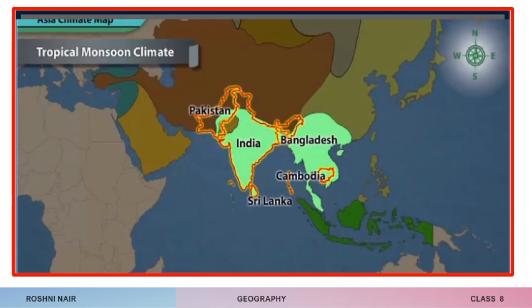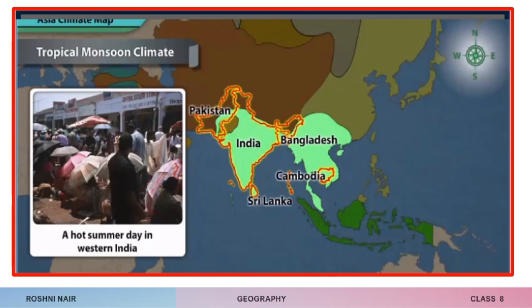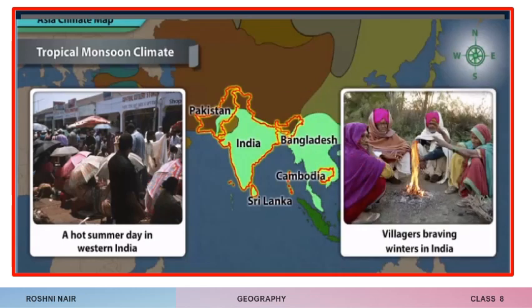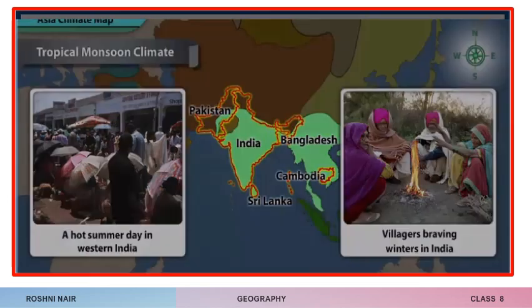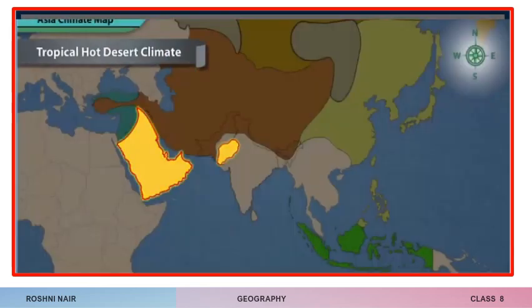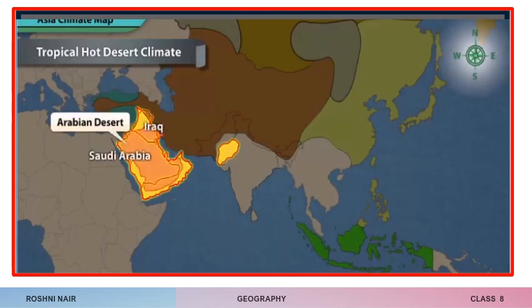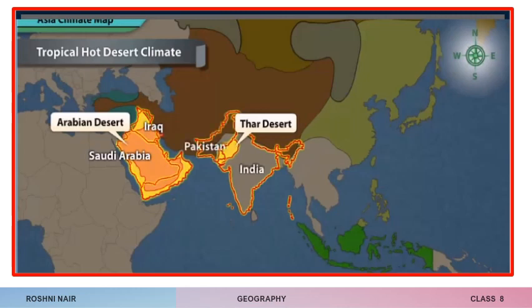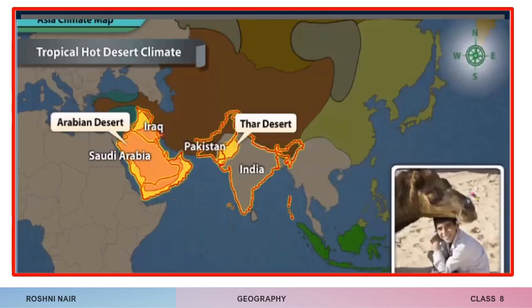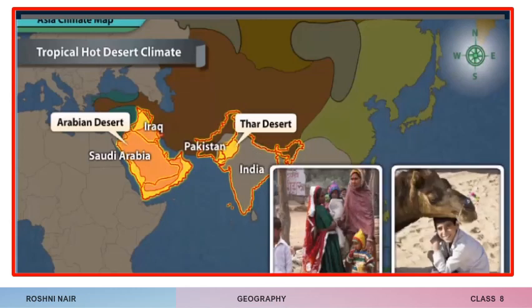In this type of climate, summers are hot, while winters are relatively cool. The tropical hot desert type of climate is found in the Arabian Desert and in the Thar Desert region of India and Pakistan. This type of climate represents extremes of conditions, with very hot summers and equally cold winters.